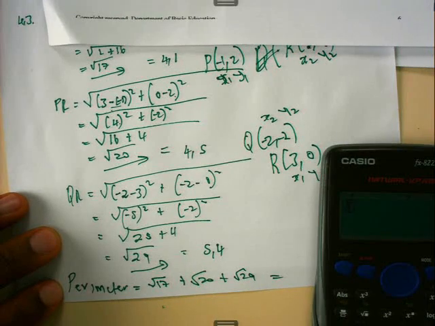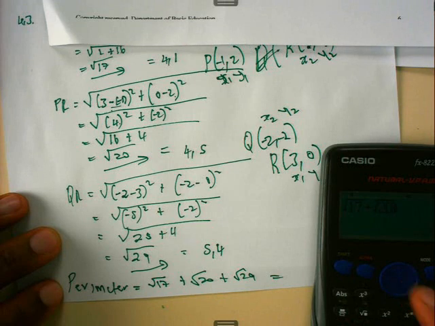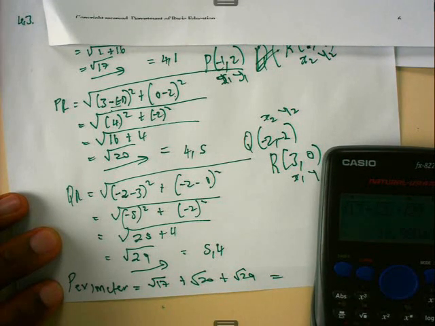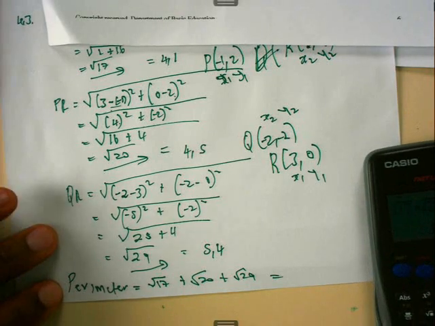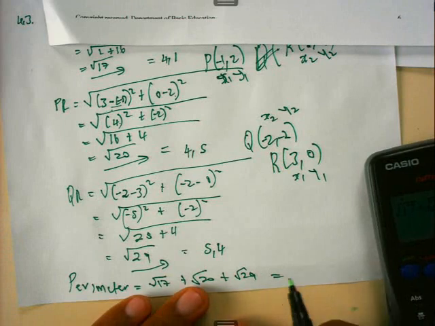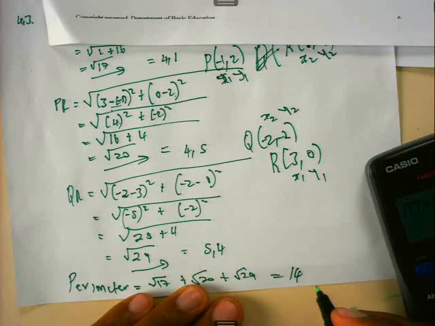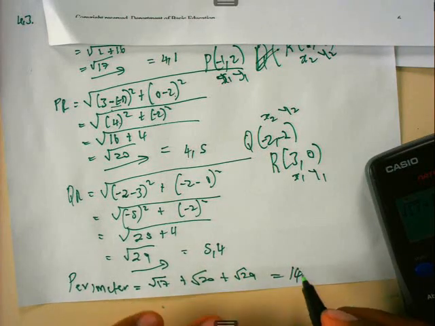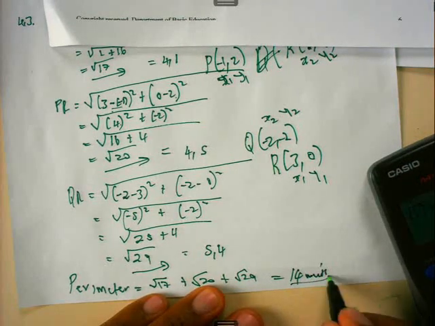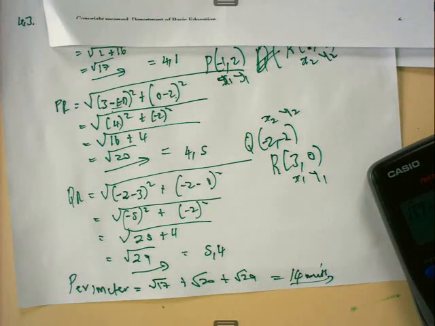The square root of 17, then plus the square root of 20, then plus the square root of 29. Then the answer there, we can see they said you must round it off to the nearest whole number. Therefore, this one is going to be 14 units. That is the distance now. That would be 14 units.